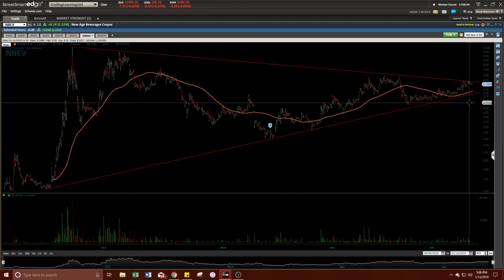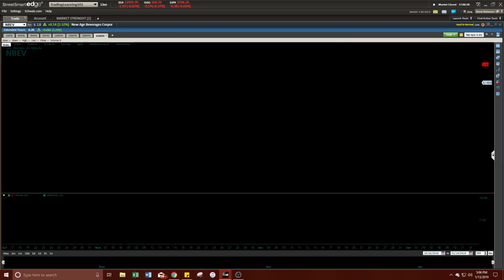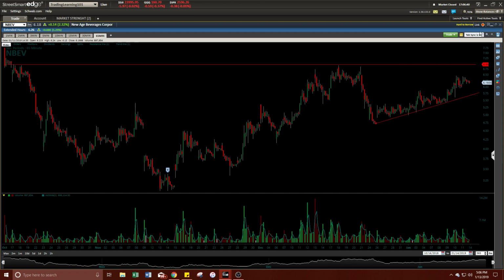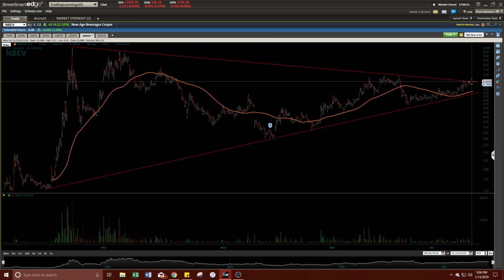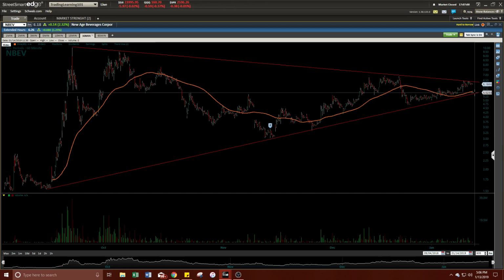And when I go back and look at the 65 minute, we were in the middle of this wedge right here. When I switch over to the 30 minute, I can clearly see we're at the tippy top of this resistance trend line right here. So like I said, I would look for it to start pulling back down to this bottom support trend line right here and continue getting tighter and tighter.